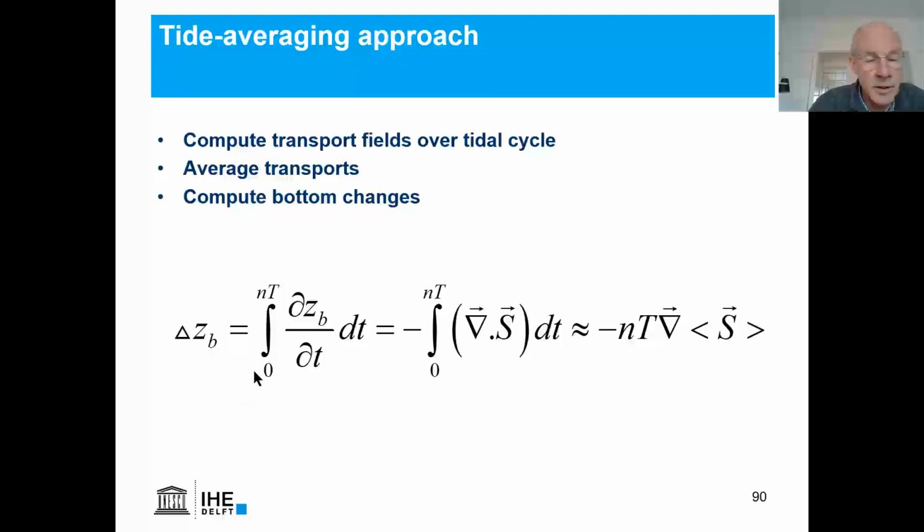So basically we have to integrate dz_b/dt, the rate of change of the bathymetry, over time. And we can write dz_b/dt as minus the gradient of the sediment transport. This nabla vector indicates the S_x d/dx plus the S_y d/dy.